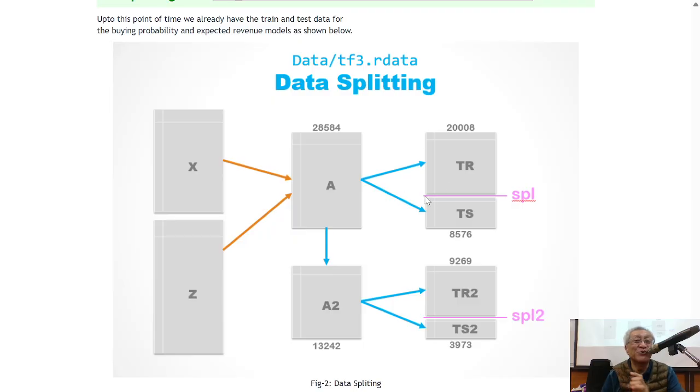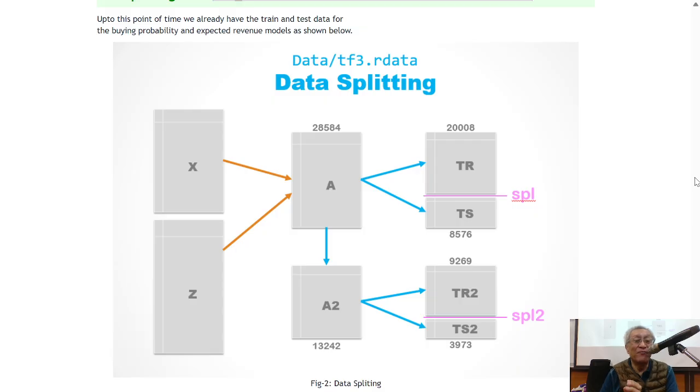And with that, we actually can build a model. This data, we split it into training and testing. Then we can use the SPO to split A into training and testing, right? These two, 20,000 training data we use to train the buying probability model. Okay?